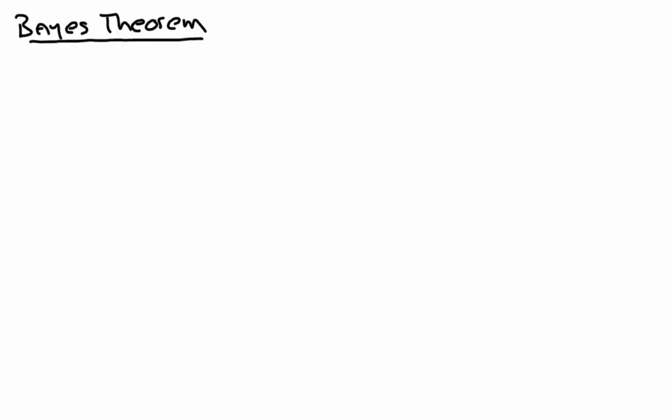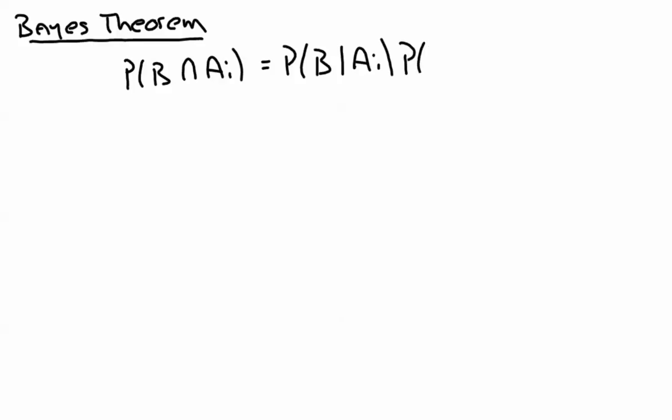All right. First of all, true statement. Probability of B intersect A sub I equals probability of B if A sub I times the probability of A sub I. That's just conditional probability.